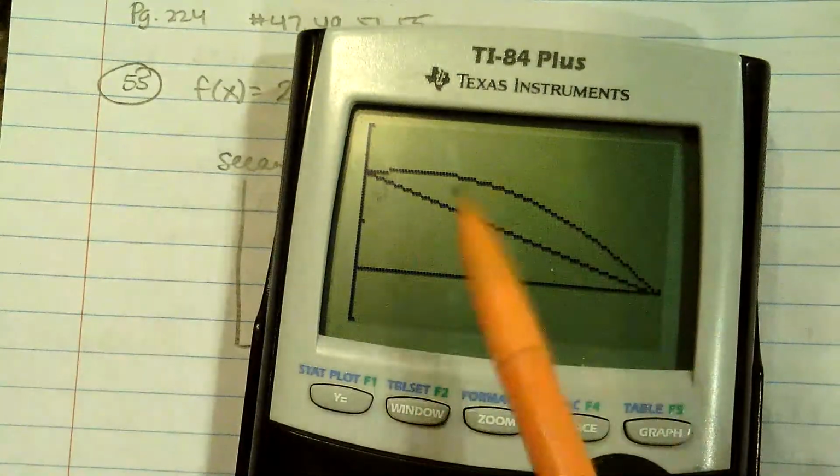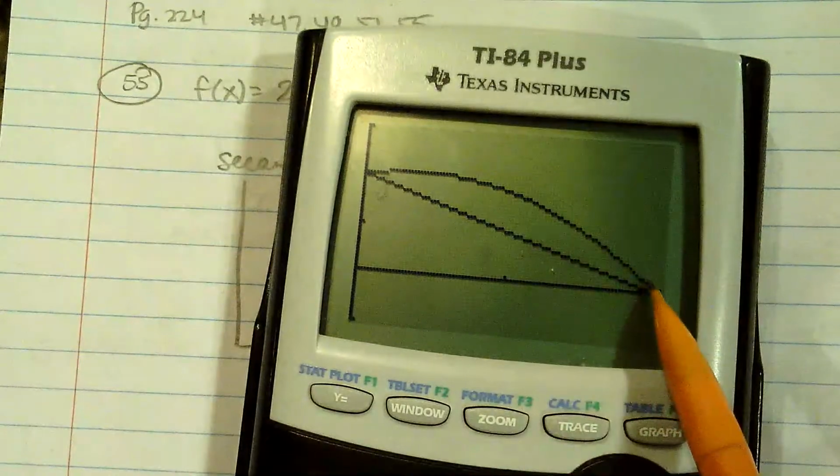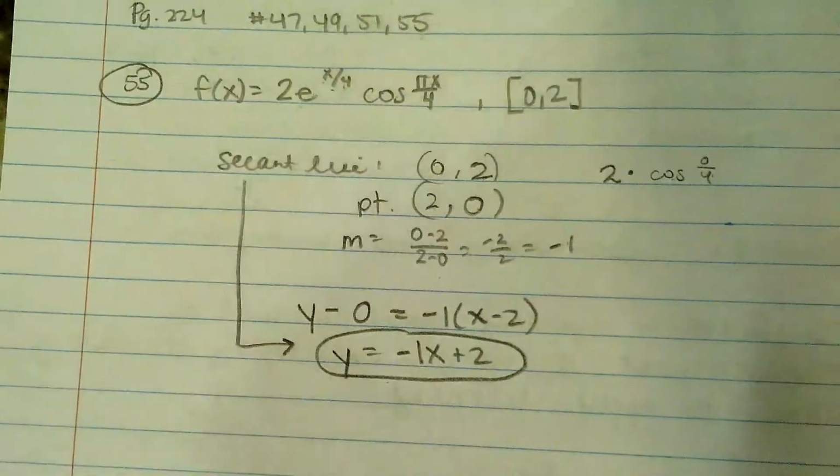So there has to be at least one point on this function where the slope is -1.